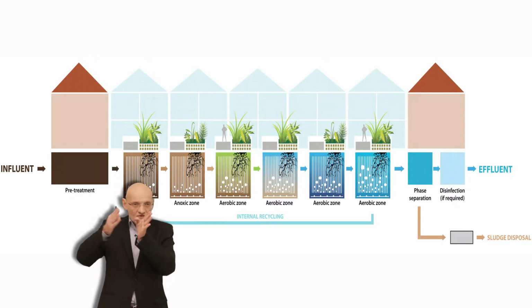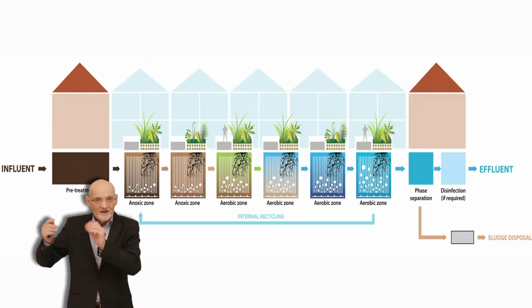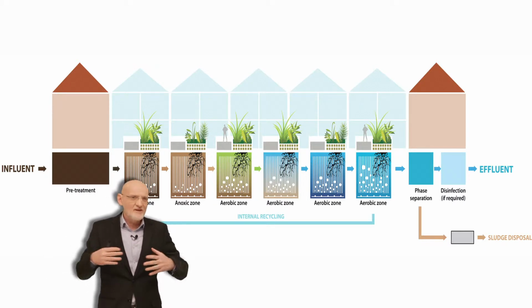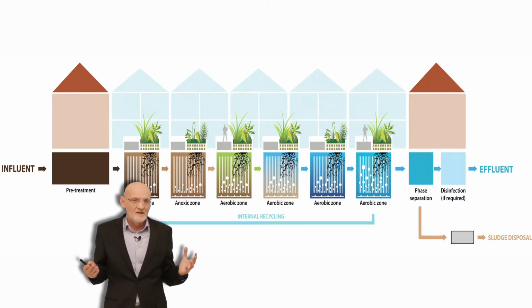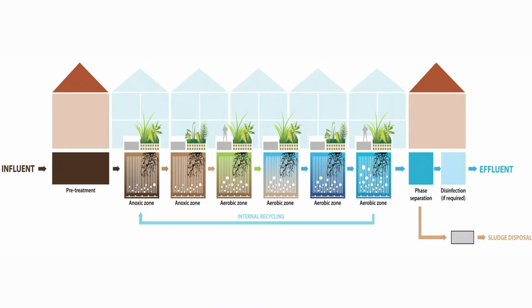And as the water goes from one tank to the other, and reaches the other end of the train, there is very little food left. And of course, there's no ammonia left if you do a good job. But when you have very little food left, you need organisms that are adapted to those conditions so they can screen out the tiny little percentages that are left in the last reactor.